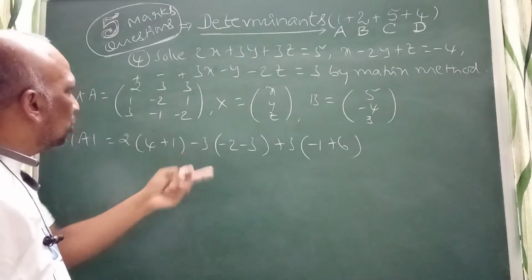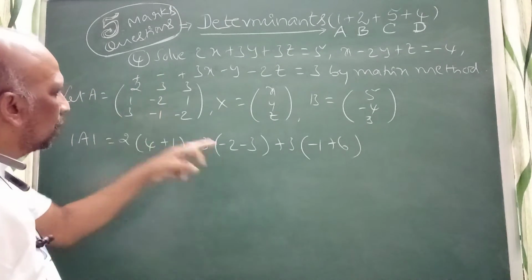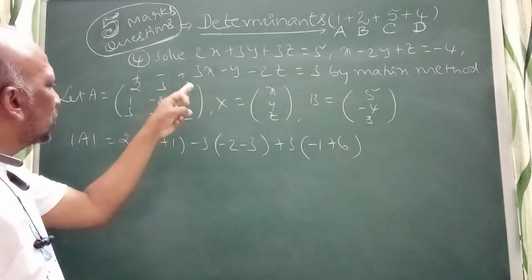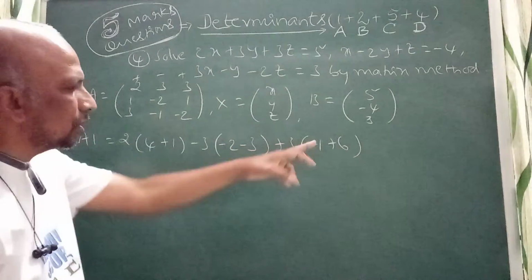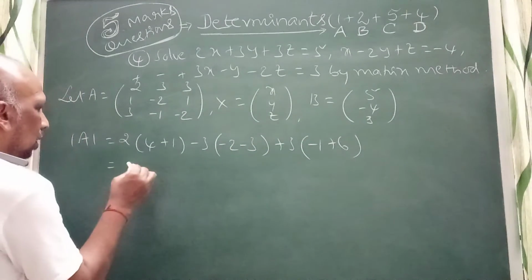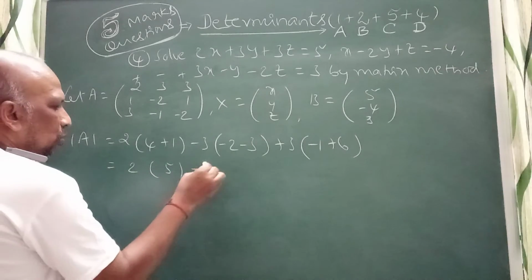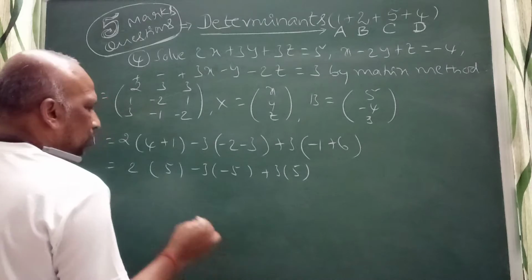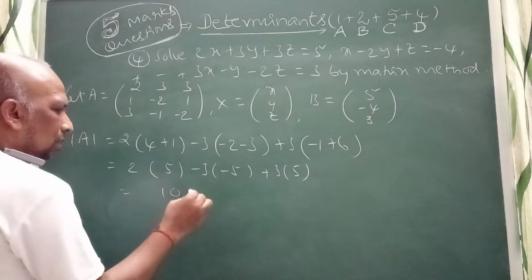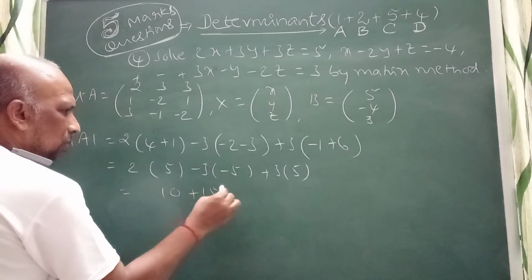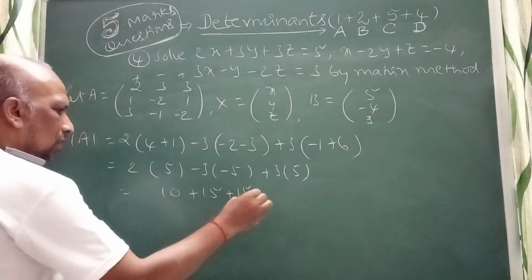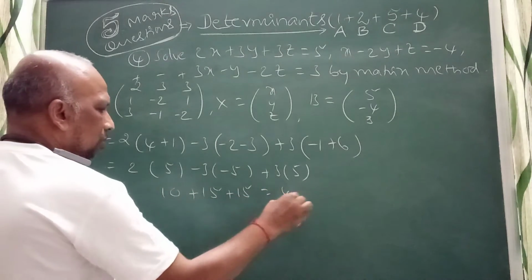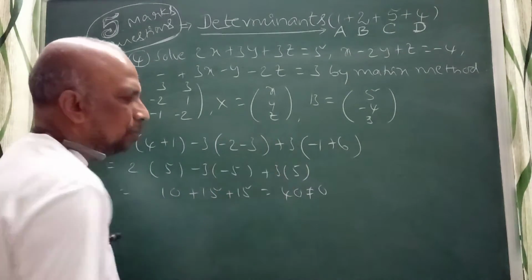You simplify this: 2 into 5, minus 3 into minus 5, plus 3 into 5. This will be 10 plus 15 plus 15. It will come to 40, right? Which is not equal to 0.